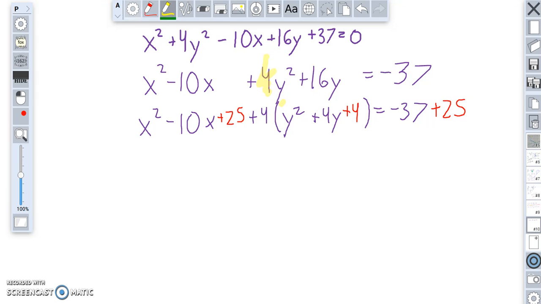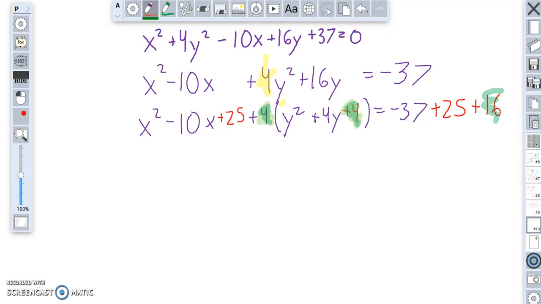On the left side, I added 4 times 4. So on the right side, I add 4 times 4. I added 25 to the left side, and then I added 25 to the right side. Then I added 16 to the left side, so then I added 16 to the right side.